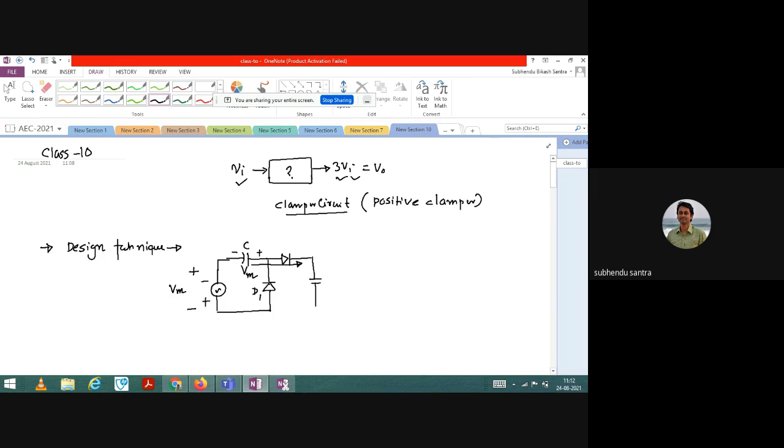If you place a capacitor here, it will be charged to Vm plus Vm, which is 2 Vm. So on the output side you will get 2 Vm. So this part of the circuit actually helps to provide 2 Vm.